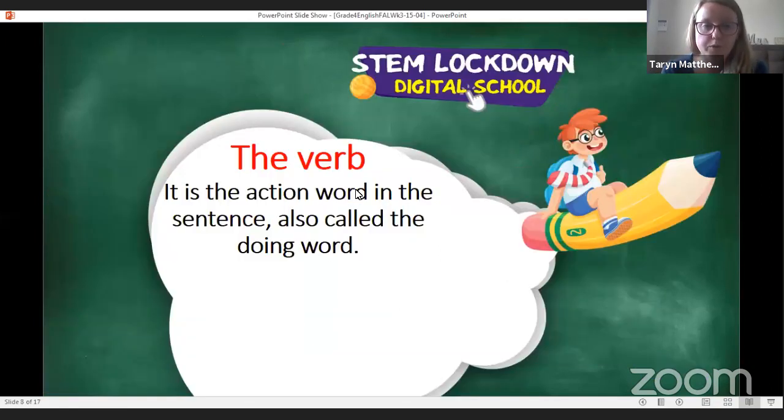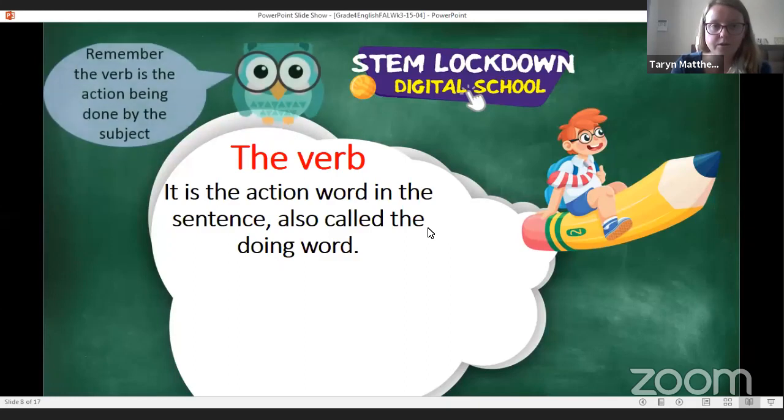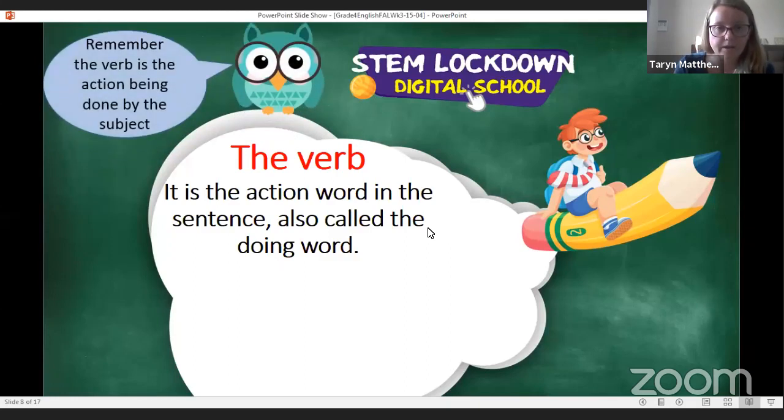Now a verb. You remember what a verb is? You've been doing this for a long time already. Yes. So a verb is my action word in a sentence, but sometimes we also call it a doing word. So it's something that you can do. So I've got a little tip for you here.